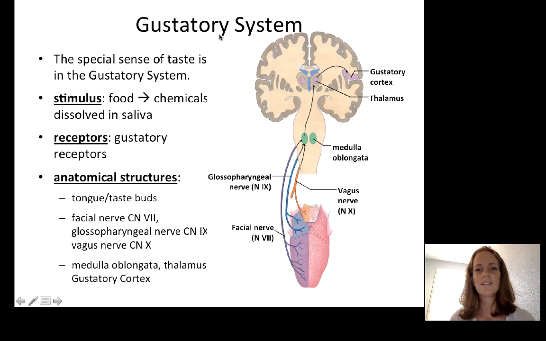Then we have the gustatory system. So the special sense of taste is in the gustatory system, and here it's food, but it's actually the chemicals in the food that are dissolved in the saliva of the tongue.